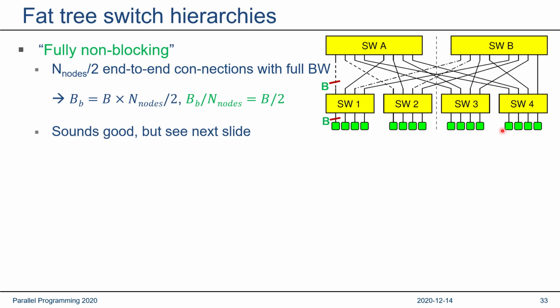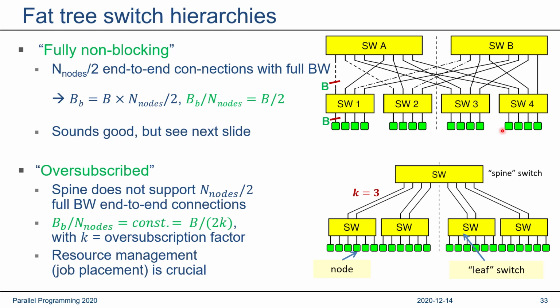So you may want to reduce the amount of hardware you have to put into this network in order to reduce the cost and the power consumption. This is possible by building so-called oversubscribed fat tree switch hierarchies. Oversubscribed means that there are more connections to the nodes on the leaf switches than into the spine switch hierarchy.